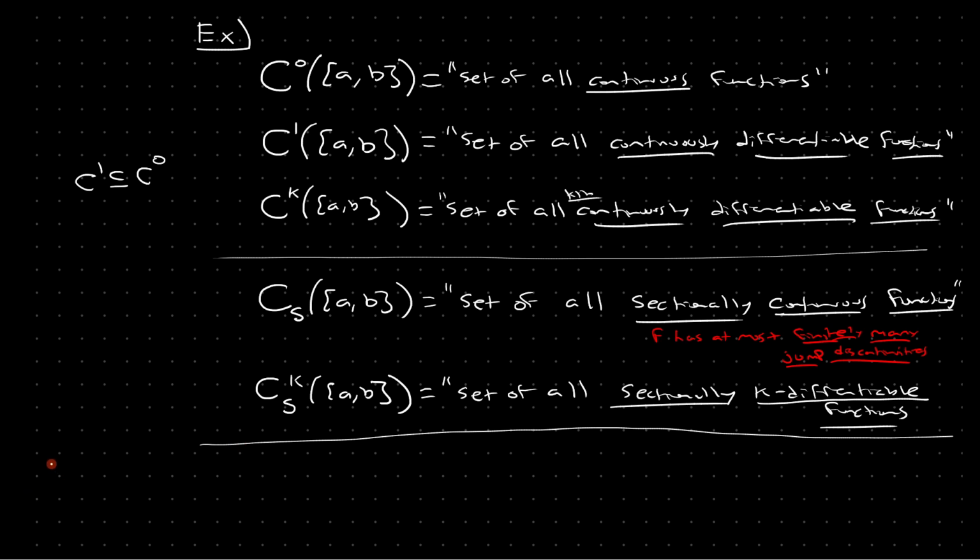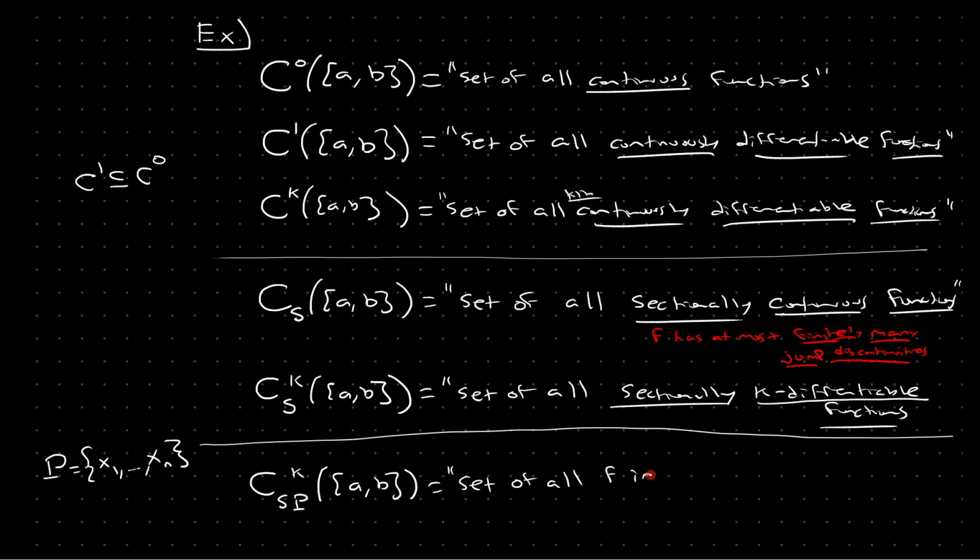So for instance, if you want to specify that a function has discontinuities in set P, where P is x1 to xn, maybe it has finitely many jump discontinuities, you can define this as CS_P^k on the interval from a to b, which is the set of all functions in CS^k, so functions whose kth derivative has at most finitely many jump discontinuities, but specifically at the points x1 to xn.